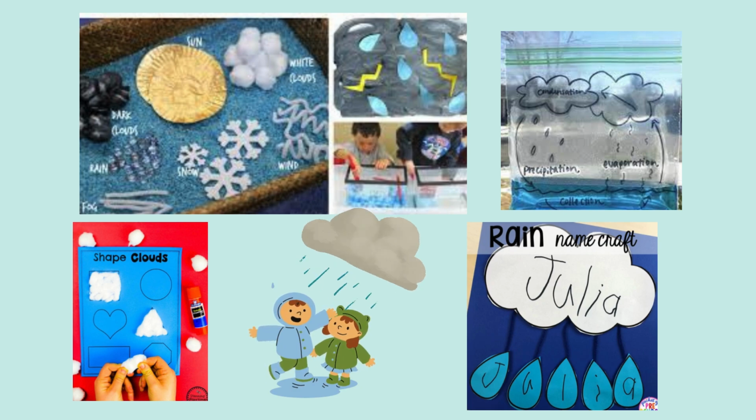Finally, we could conduct a hands-on experiment where students create their own mini water cycle using plastic bags, water, and a heat source, like taping it to the window. This tactile experience helps kinesthetic learners by allowing them to physically engage with the concept.